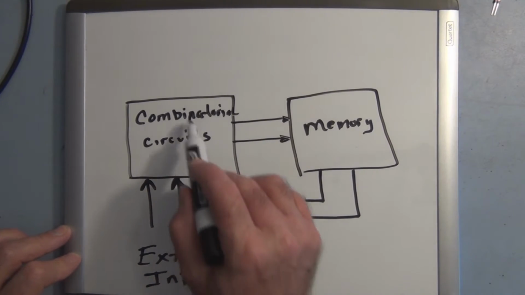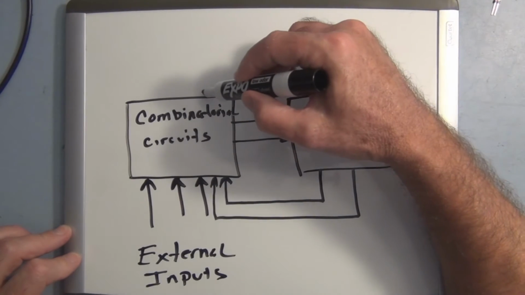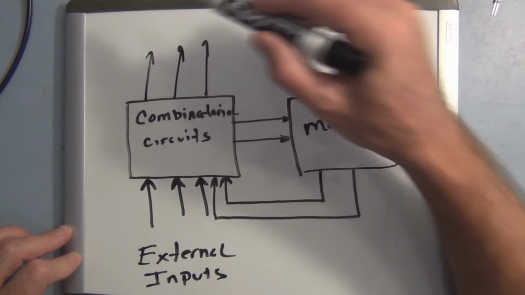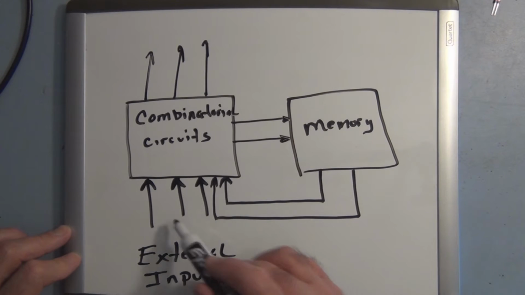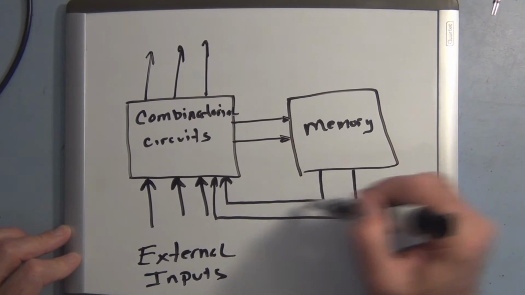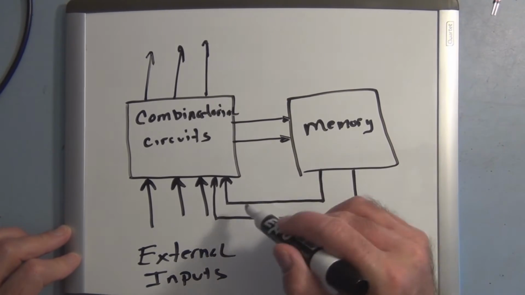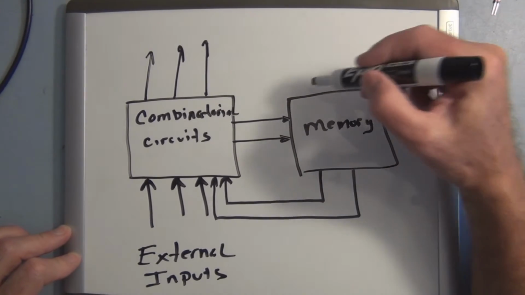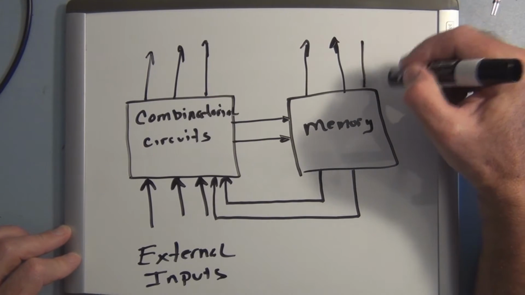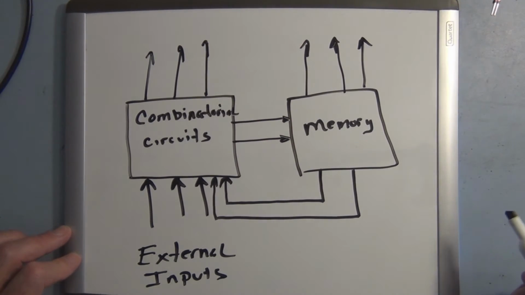And also, the combinatorial circuits result in outputs that get calculated from these external inputs and the prior memory information, prior bits that have been stored in memory, and also you'll have memory that goes to the output or the outside world too, so you can see that visually also.